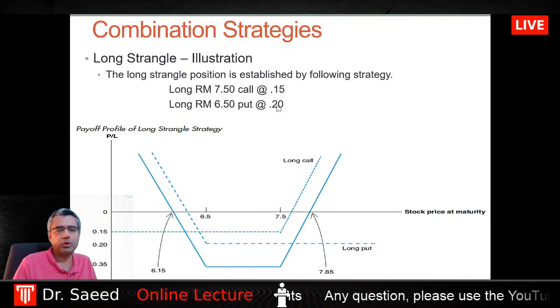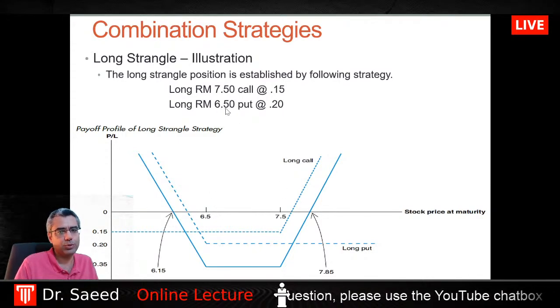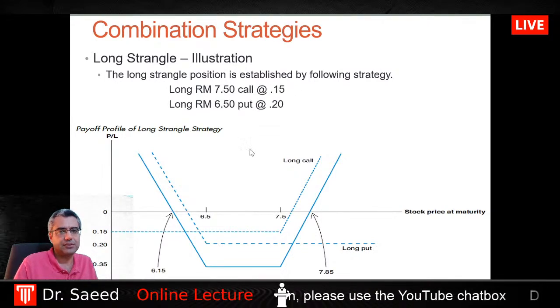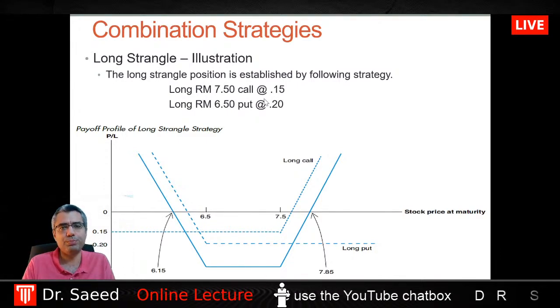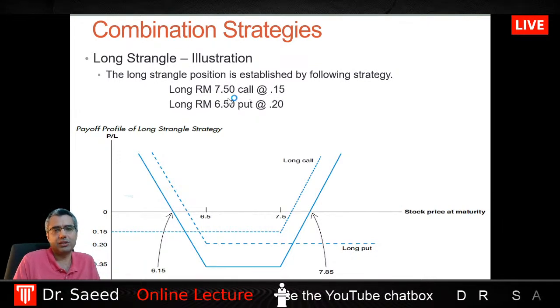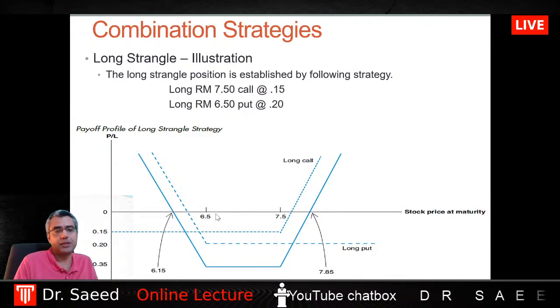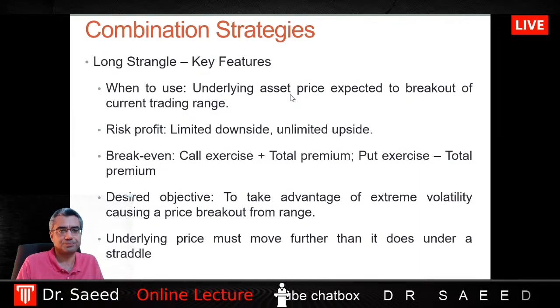You're buying two options, you are paying 15 plus 20 cents to buy these contracts. The other break-even point is 6.5 minus these two, minus 35 cents, meaning 6.15. Your maximum loss will be the two premiums that you have paid. If you are not able to exercise any of the contracts, meaning the price is in this range, then your loss is limited to the 35 cents premium you paid.